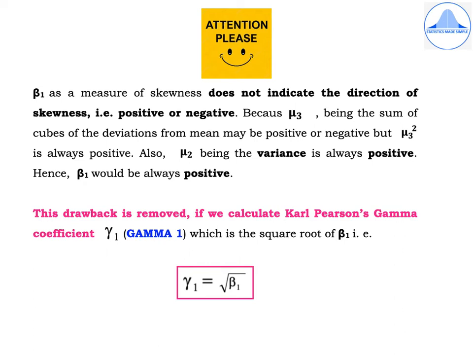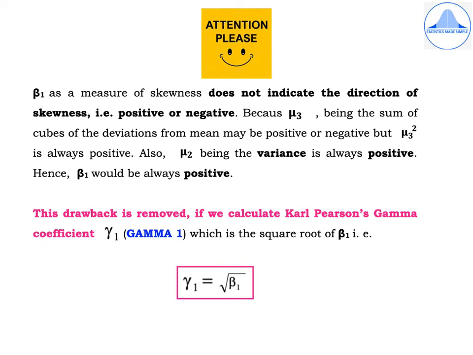This is because mu 3 being the sum of the cubes of the deviations from the mean may be positive or negative, but mu 3 square will always be positive. And also we know that mu 2 being the variance should always be a positive value. Hence beta 1 would always be positive.